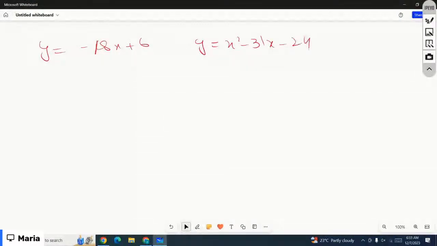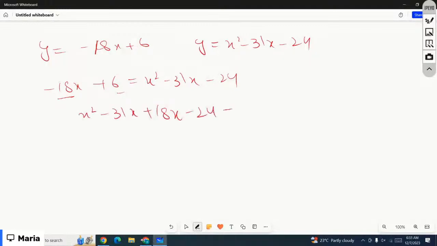Just equate both the equations because they both equal y, so that means they both are equal. That is negative 18x plus 6 equals x square minus 31x minus 24. Move negative 18x and 6 to the other side, so that would be x square minus 31x plus 18x and minus 24 plus 6 equals 0, right?